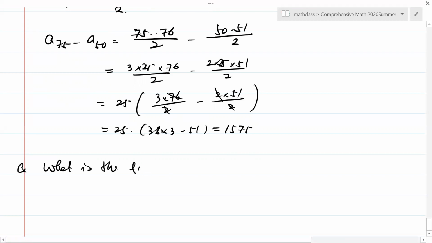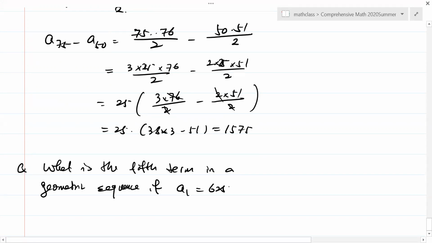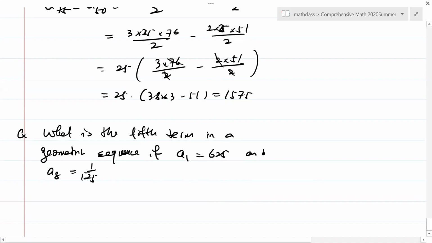What is the fifth term in the geometric sequence if the first term is 625 and the eighth term is 1 over 125? All right, how do you solve this problem?